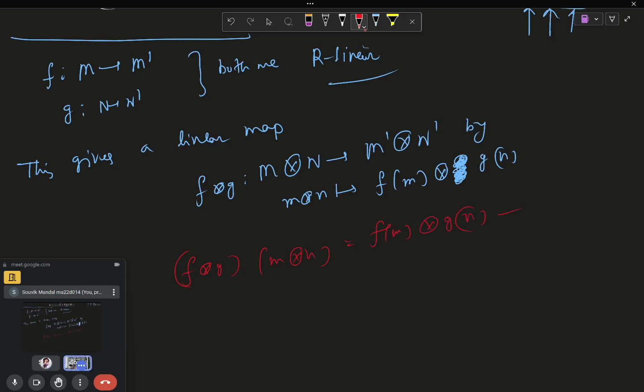So this is the map, and it is a linear map.